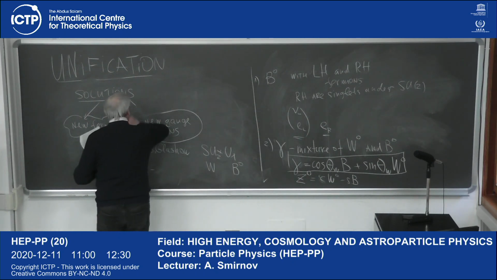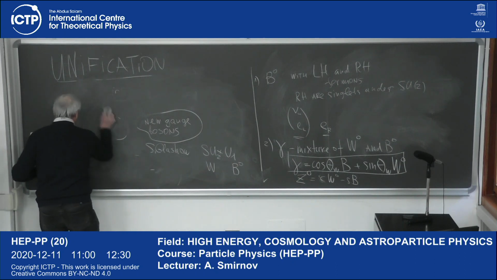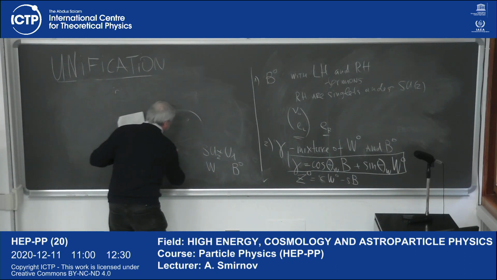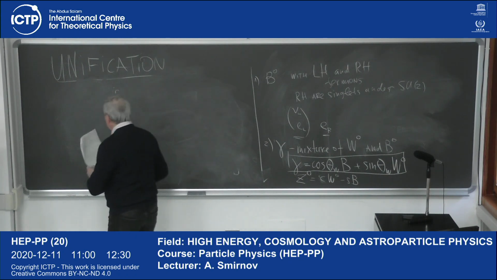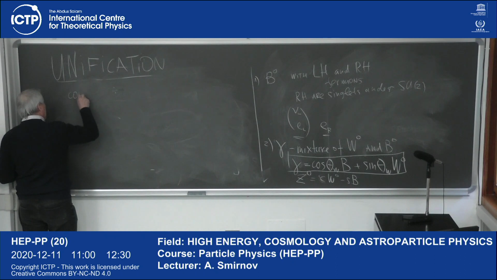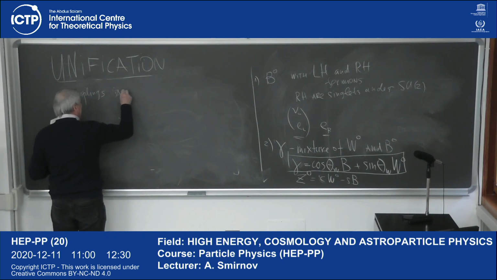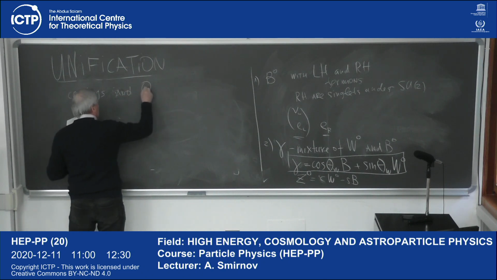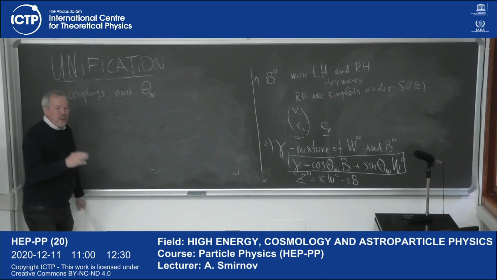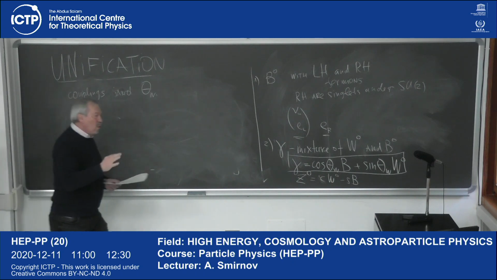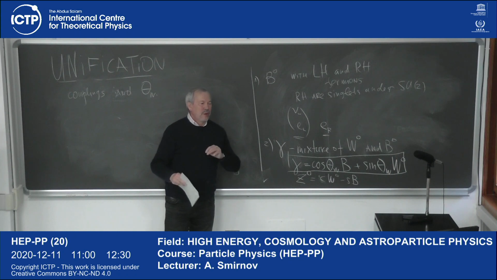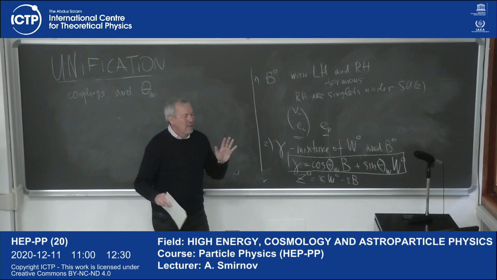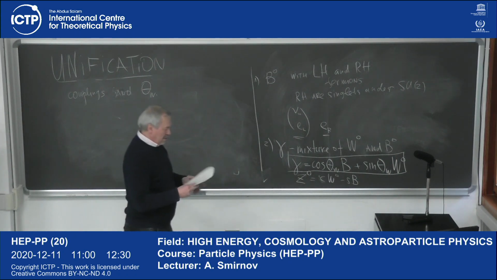Now, the trick is that using couplings and theta weak, we can arrange things so that the photon introduced in this way doesn't couple with neutrinos. So you have no problem with electric charge.